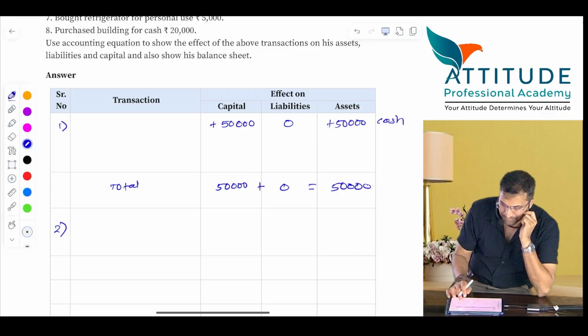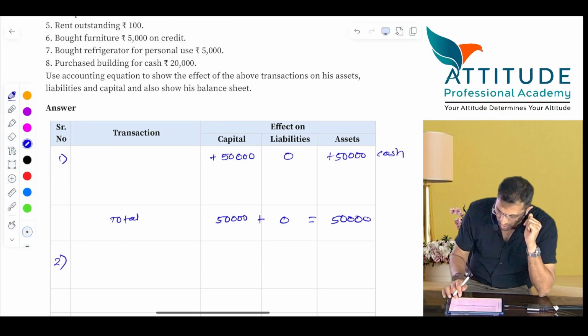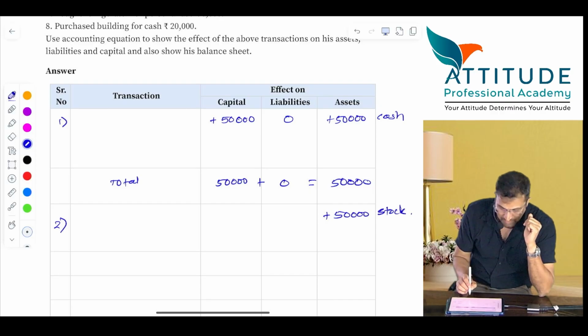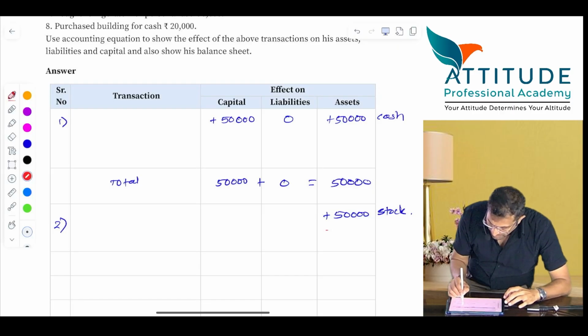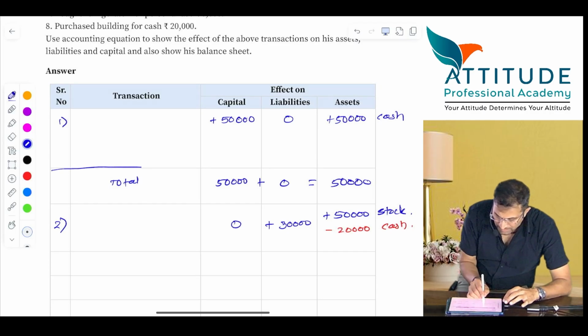Tell me the second one. Purchase goods for cash 20,000 and credit 30,000. Stock increases by how much? Plus 50, stock increases. Minus 20, cash reduces. Yes? And plus what? Liability कितना है? 30,000 and this is 0. बराबर है?